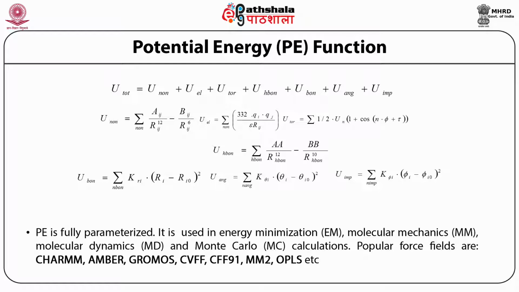Now, the parameters of these various terms can differ, and these terms are fully parameterized. This full function is used in energy minimization programs, molecular mechanics programs, molecular dynamics programs, Monte Carlo calculations, and the parametric form and the values is called the force field, and they have been given names after the name of the discoverer or some other thing.